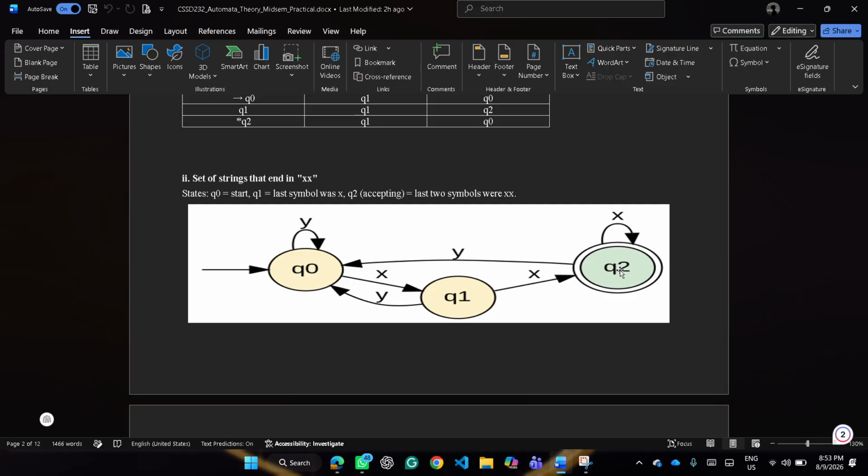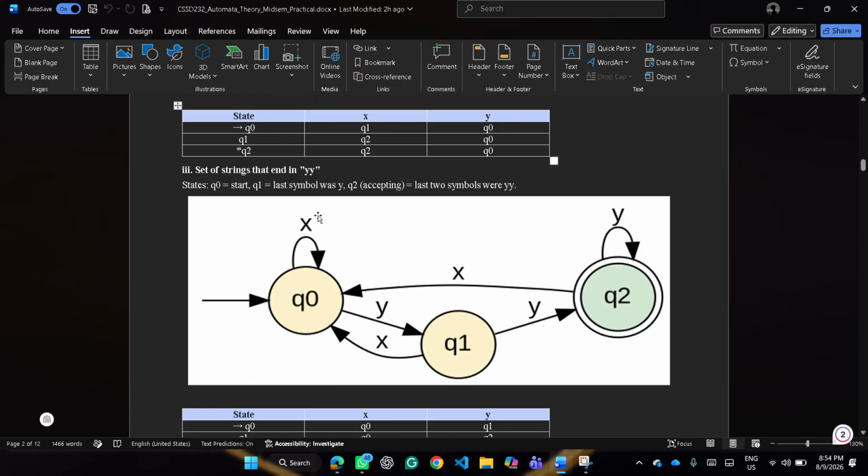If I'm at Q2 and receive an input of Y, I go back, through Q1 to Q0. At Q0, receiving an X again takes me back to Q1, and another X takes me to Q2. As you can see, the ending string is XX, which is why it should end with XX.